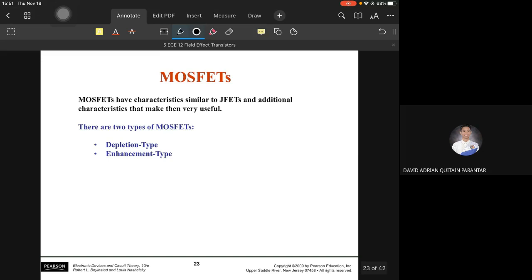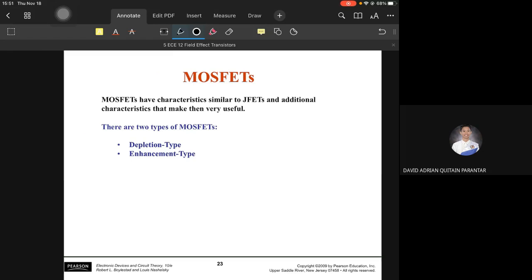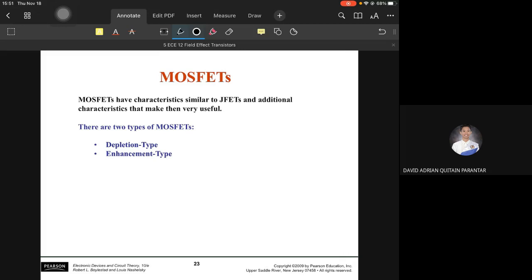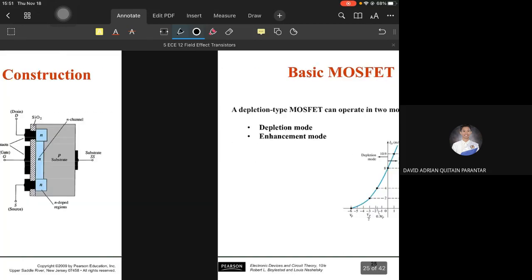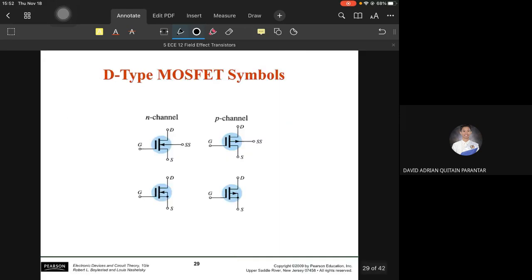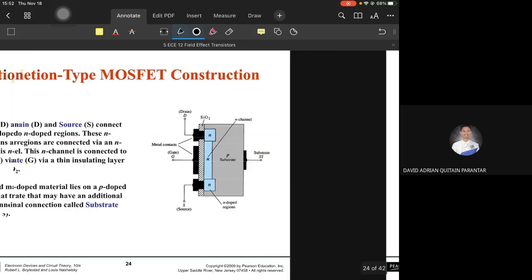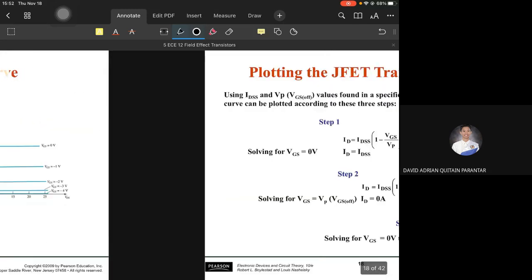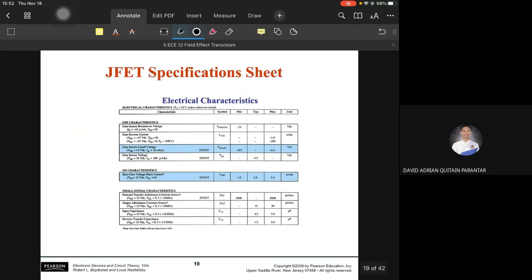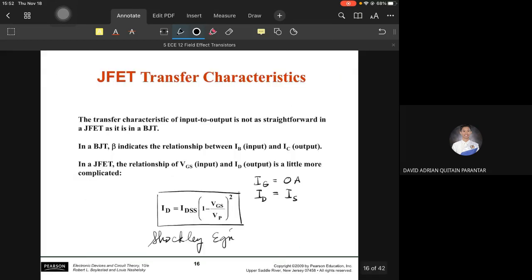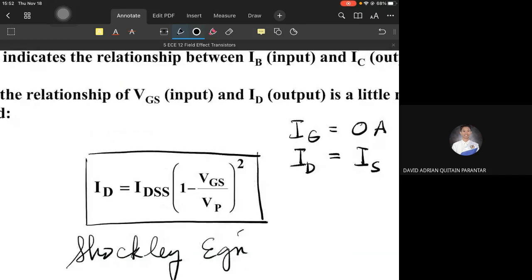I will not cover MOSFETs for now. We will go back to the MOSFET later, once we have covered the JFET as an amplifier, from DC to AC. So, knowing the relationship between ID and VGS. In the earlier equation, again, don't worry, because IDSS and VP are constants, meaning they are given.